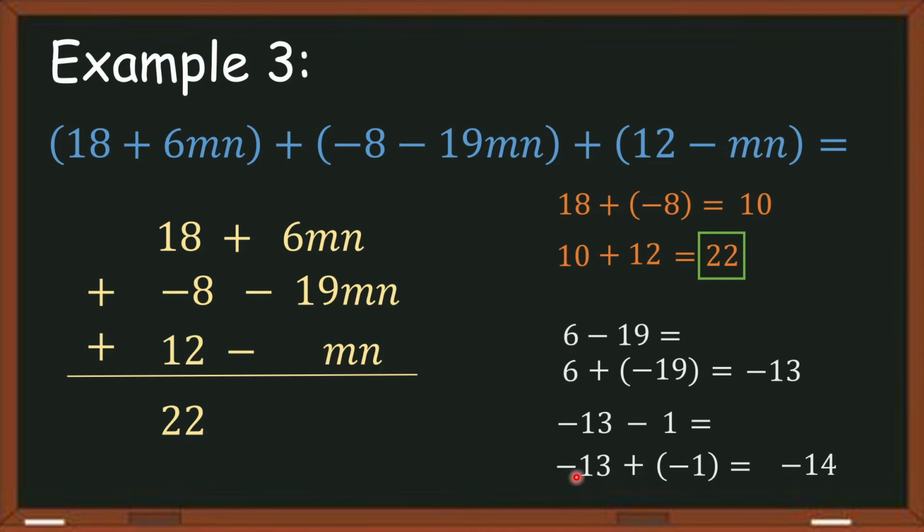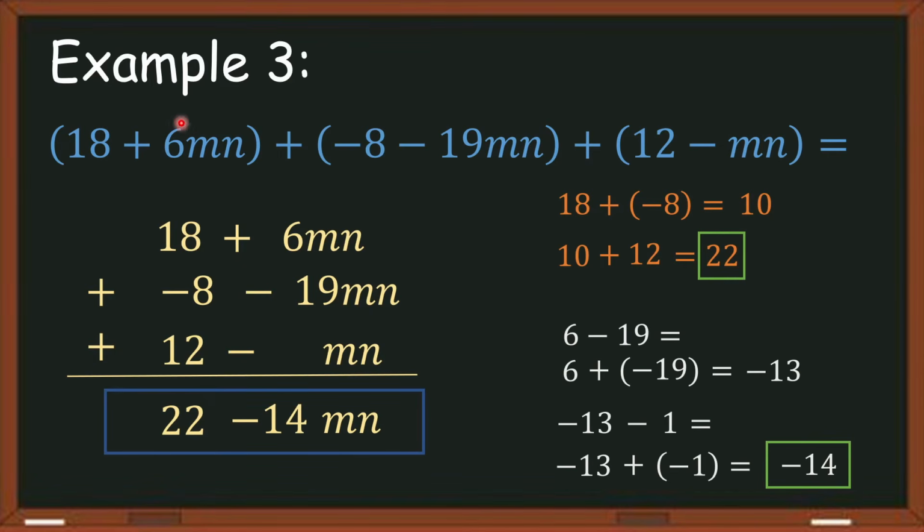So dahil parehas naman sila na negative, negative din yung sagot natin. So meaning to say, kapag in-add natin yung 6 minus 19 minus 1, ang sagot ay minus 14. So lagay lang natin dito, minus 14, and then kopyahin lang natin itong mn. So yan na yung sagot natin dito sa question na ito.